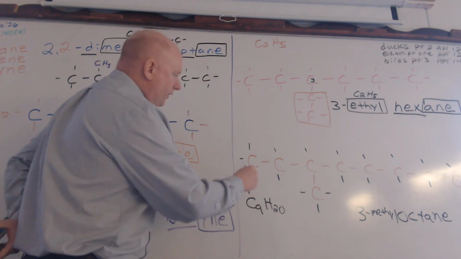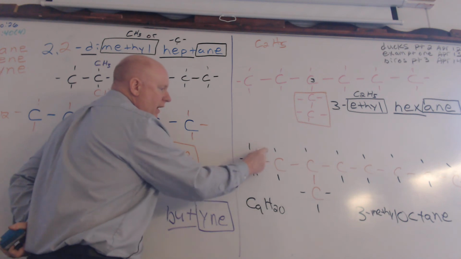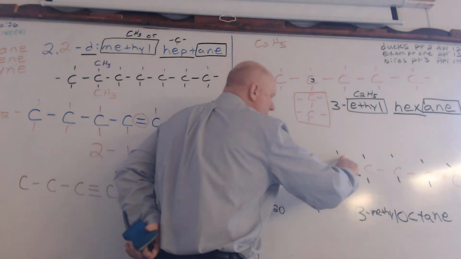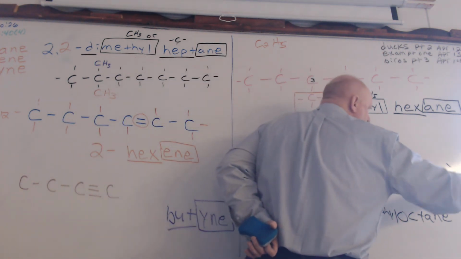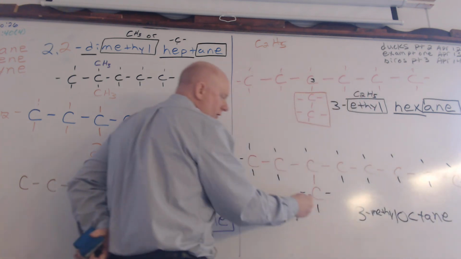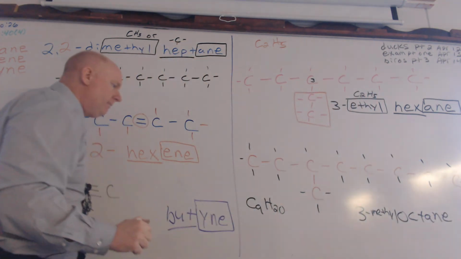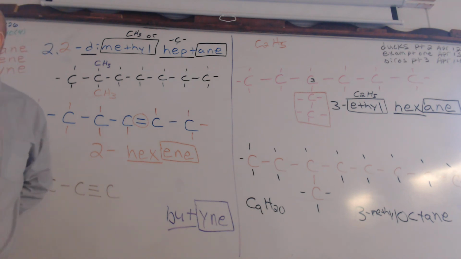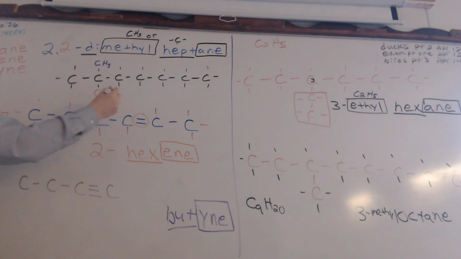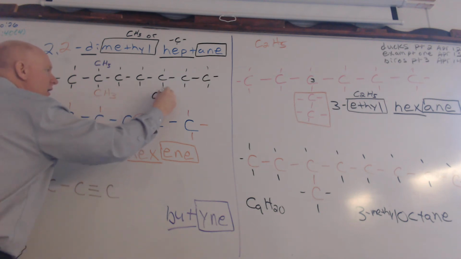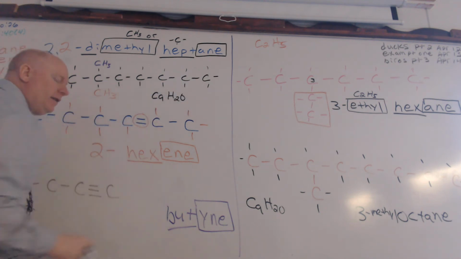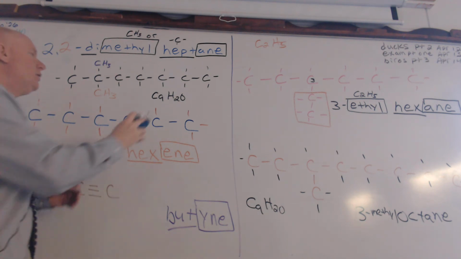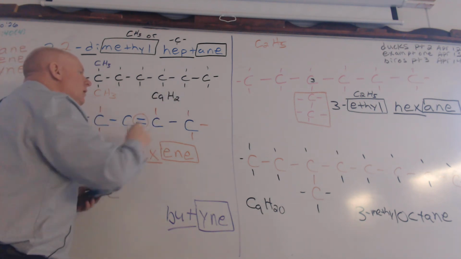So this carbon's got 3, 4, 5, 6, 8, 10, 12, 14, and 3 gives you 17, and 3 more gives you 20. Everyone, would you agree with that? So what is the molecular formula for this compound? C9H20. I did it again. I'm so used to writing H2O all the time.